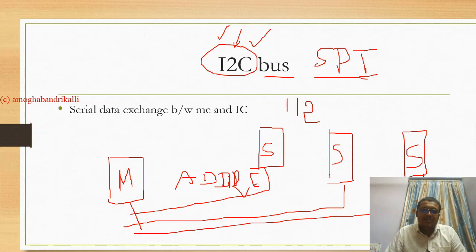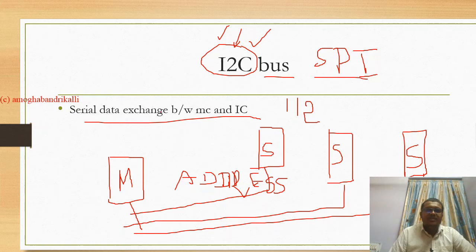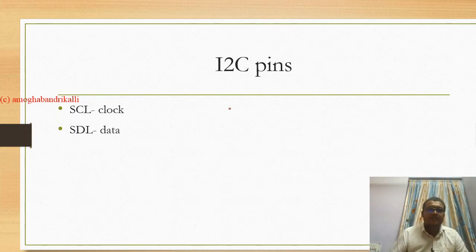Wires need to be connected for when the master is transmitting data and the slave is receiving, and when the slave is transmitting and the master is receiving. This is the arrangement. It is a serial data exchange between a microcontroller and ICs.